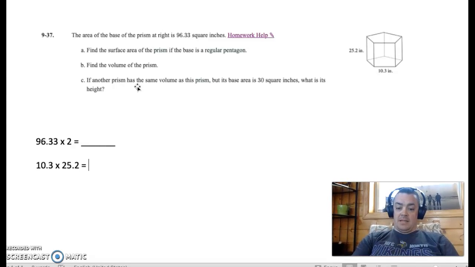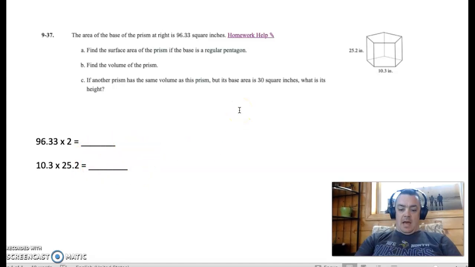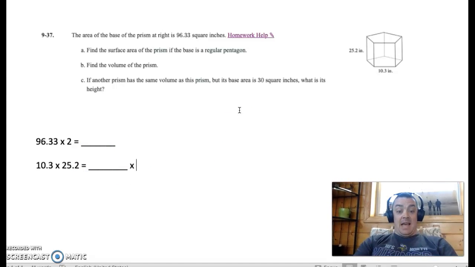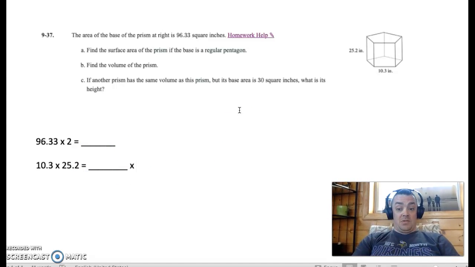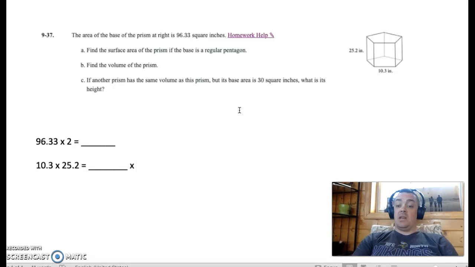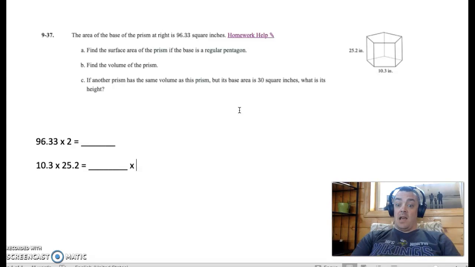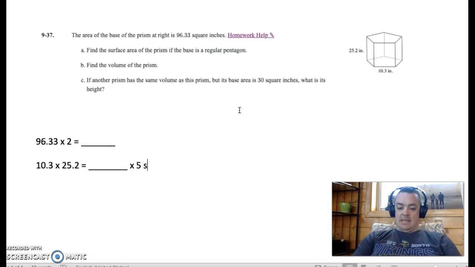And that will give us the area of one of these, because then we have to take this number and multiply that by how many of those rectangles there are. And because we know this is a pentagon, there are going to be, yep, you said it right, 5 sides.